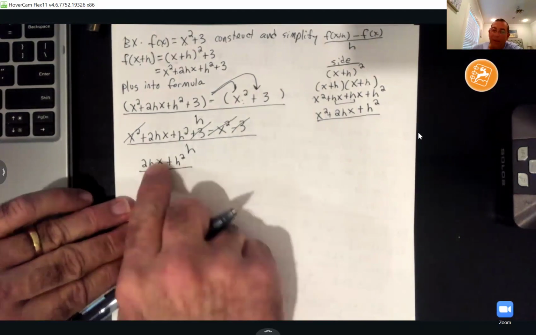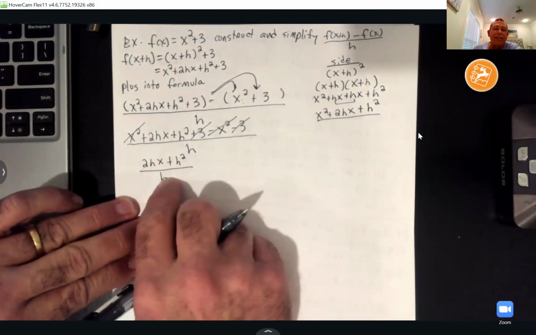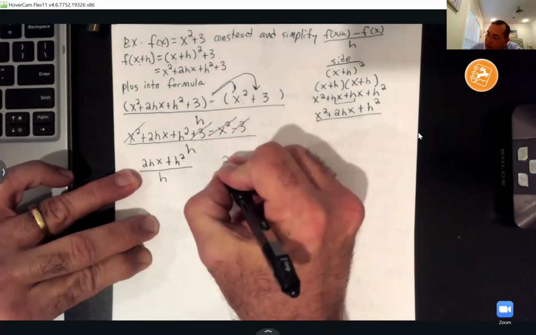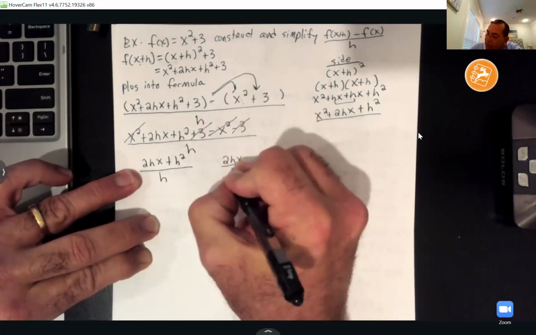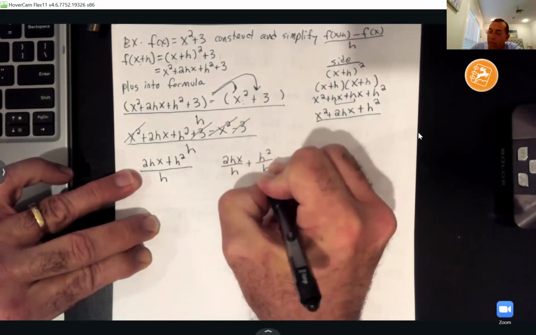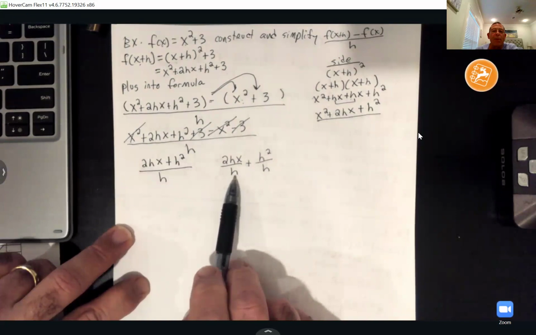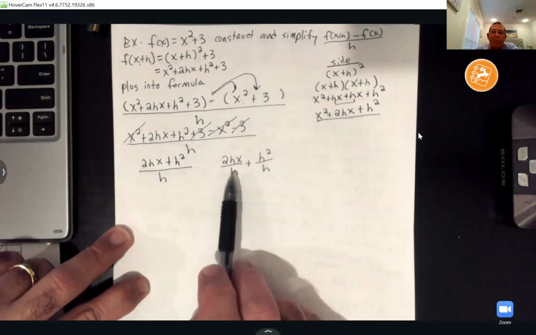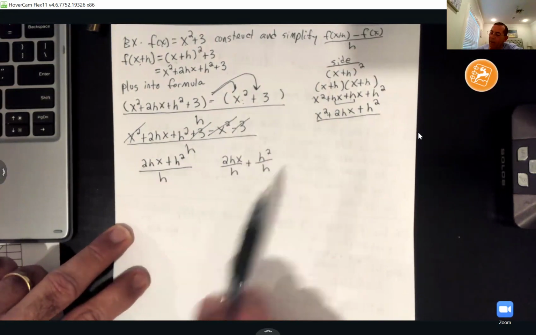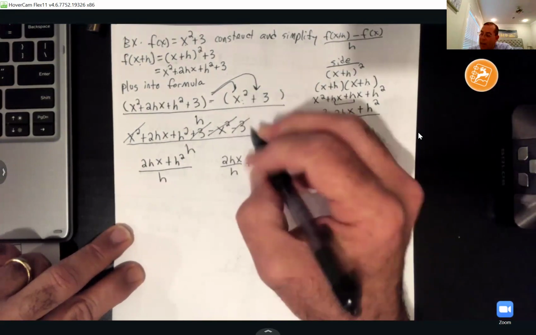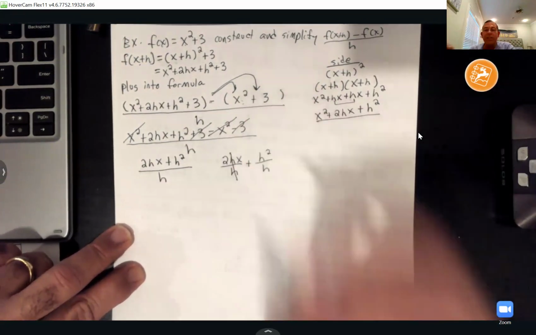Now, you got to simplify this. So what I want you to treat it like is 2hx over h plus h squared over h. This is what I mean by everything on top is going to get divided by the h on the bottom. So look here, the first part, 2hx over h. Those h's cancel.